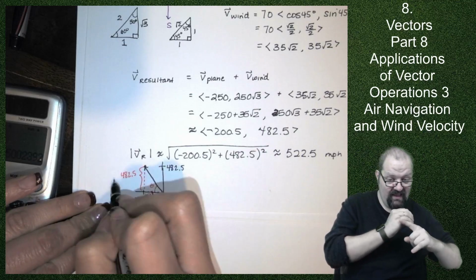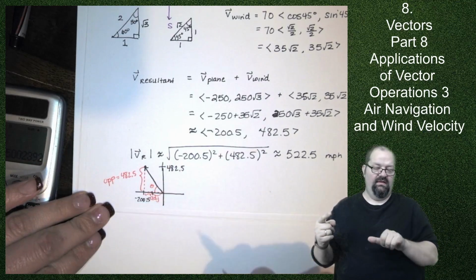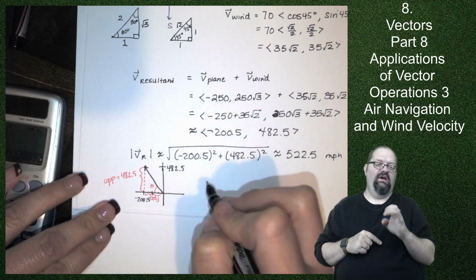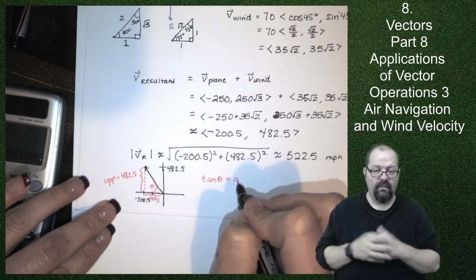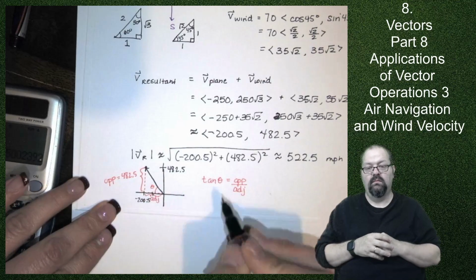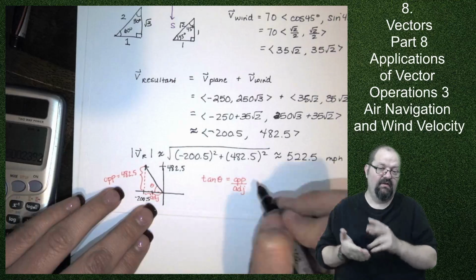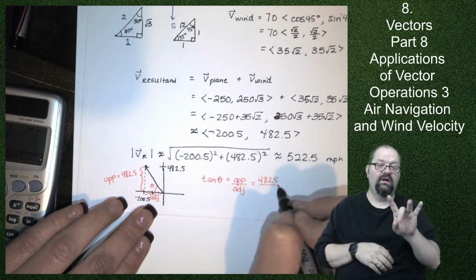This is the side opposite theta, and this is the adjacent side to theta. So I can use tangent of theta. Tangent of theta is opposite over adjacent, and it's approximately 482.5 over 200.5.